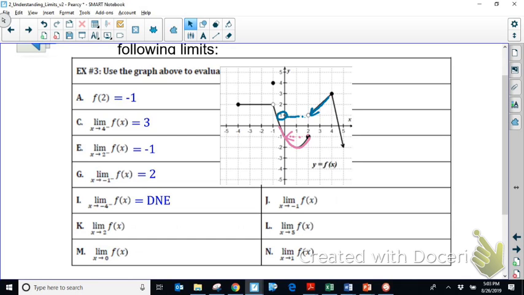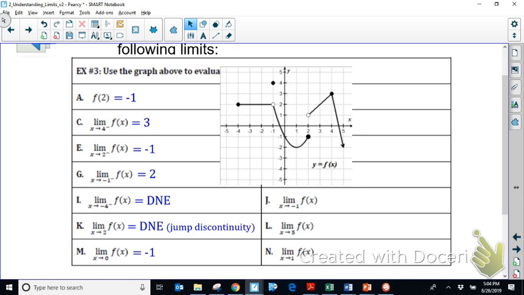Because the two sides of the limit approach different numbers, negative 1 and positive 1 respectively, they cannot approach the same number to give me a limit. So this one also has no limit. It does not exist because the function is discontinuous at that point. It's called a jump discontinuity.